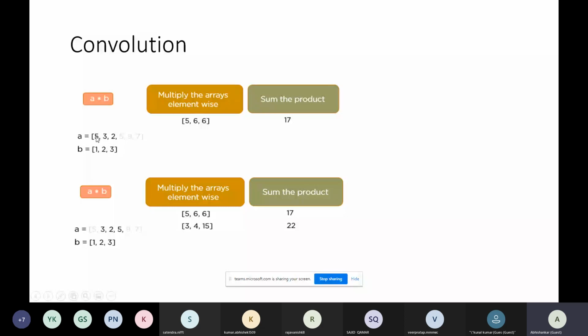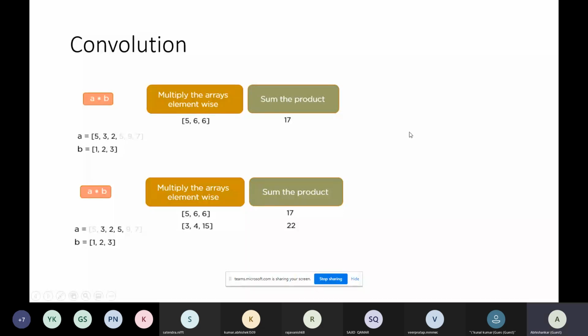This is not a matrix multiplication, it is element-wise: element to element multiplication will happen. So 5 will multiply with 1, 3 with 2, and 2 with 3. The resulting matrix will be 5 into 1 is 5, 3 into 2 is 6, and 2 into 3 is 6 again. The sum of all these numbers will be 17.